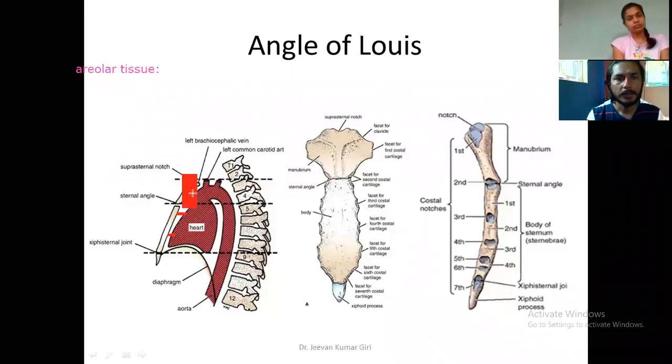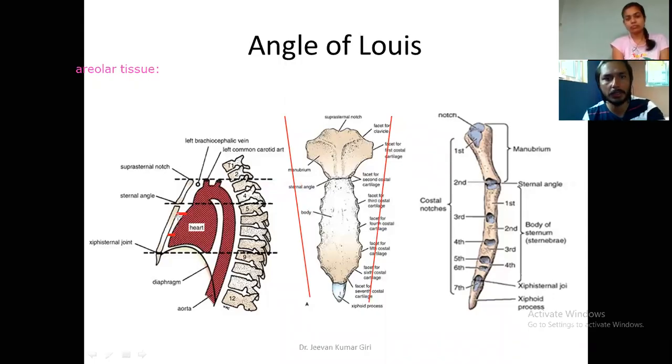Next are the vessels. In this picture, the vessels will run like this. One vessel will run along one side of the sternum, and the other along the other side of the sternum, just behind the sternum.